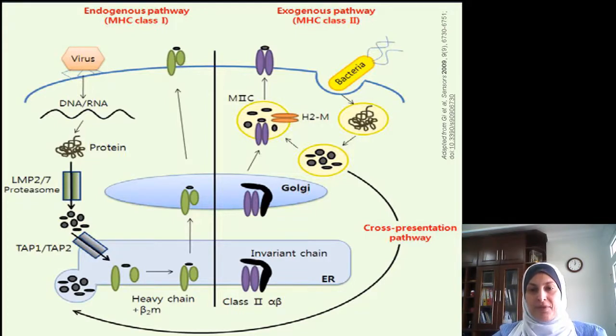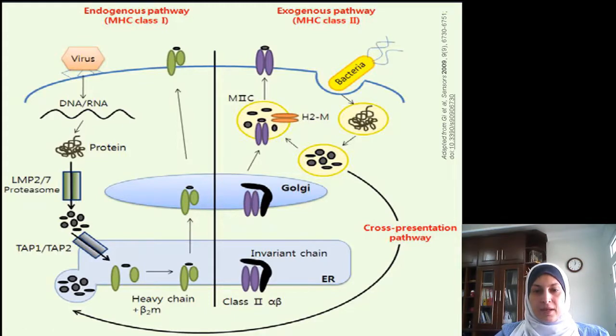So, for example, this is a bacteria, and it was engulfed by an antigen presenting cell. Once it got inside, this is the protein, and it was degraded. It was attached to a lysosome, and these enzymes managed to degrade these proteins. Here the class 2 MHC molecule is being synthesized in the endoplasmic reticulum. It goes into the Golgi apparatus to be surrounded by an envelope.